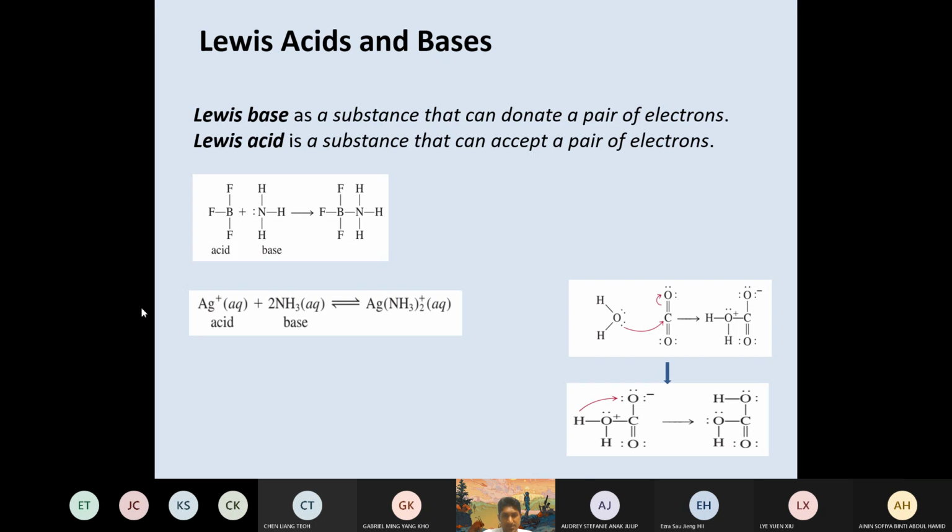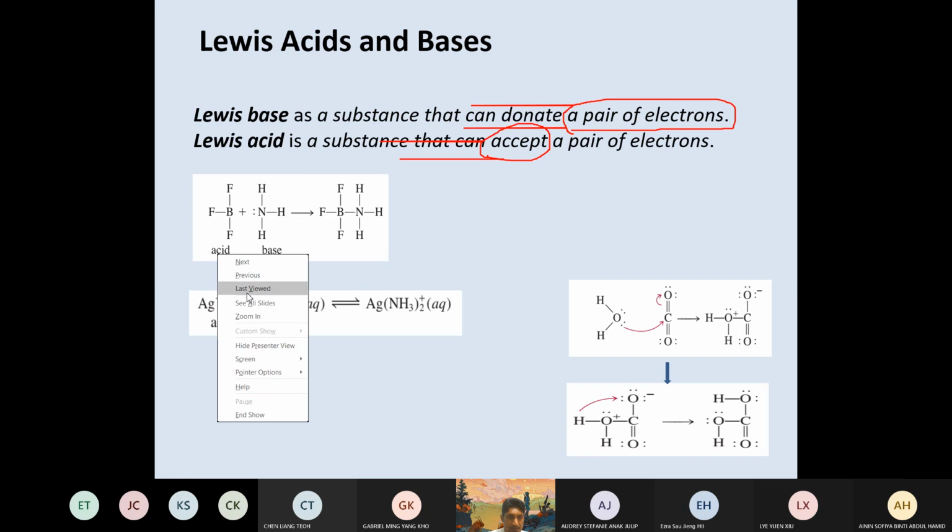But for Lewis, what is the Lewis definition? For Lewis, we see a substance that can donate a pair of electrons, and a substance that can accept a pair of electrons. So a Lewis base can donate a pair of electrons, and a Lewis acid will accept a pair of electrons. For boron trifluoride and ammonia, even though boron does not have an extra pair of electrons, when they are together there is a Lewis structure for this compound as well.